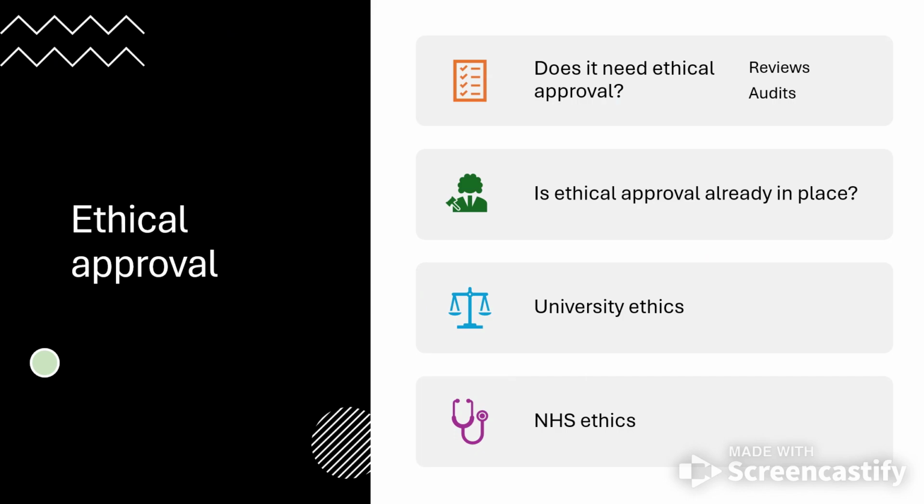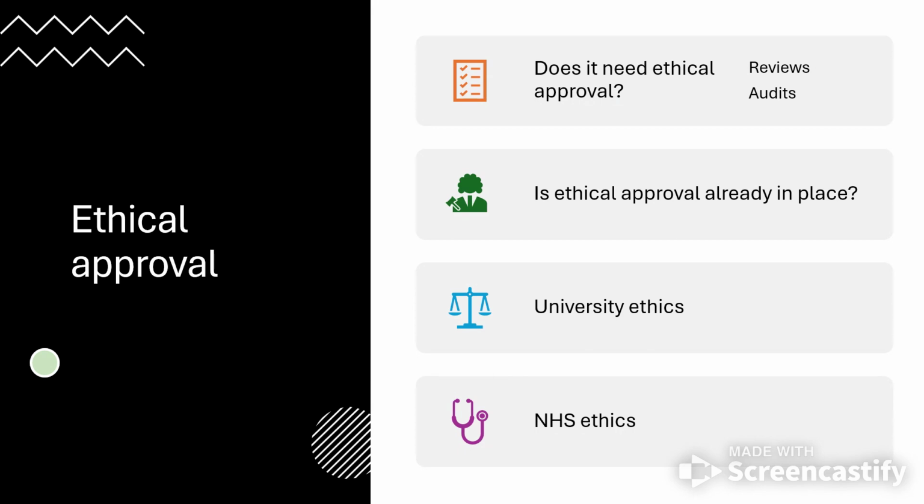Ethical approval is where a lot of people can get unstuck when doing research for the first time. The first question to ask is, does it need ethical approval? So some studies, like reviews, which use existing published data, or audits, tend not to need ethical approval. Audits will often tend to require some local approval.